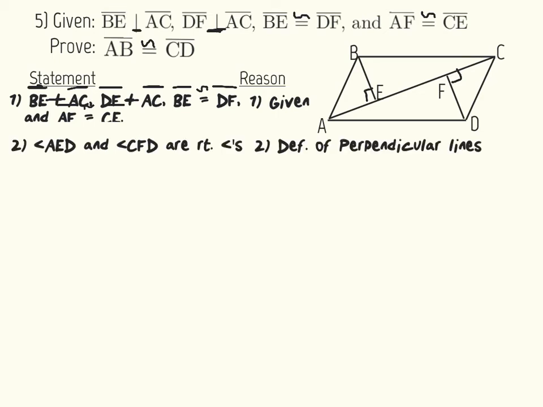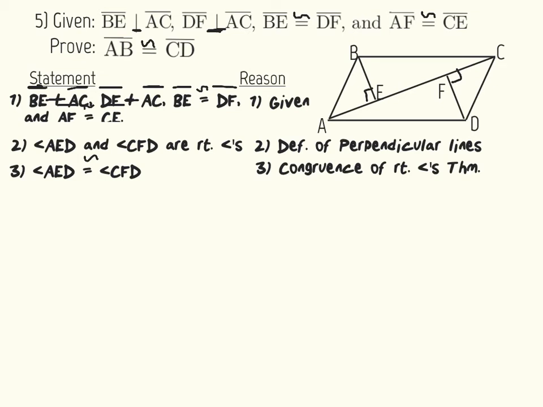Angle AED and angle CFD are right angles by definition of perpendicular. Angle AED is congruent to angle CFD by congruence of right angles theorem. Okay, so now the next thing I'm going to look at is segments.